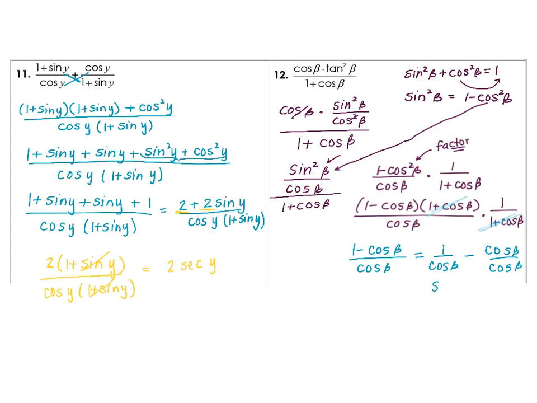And so we're going to have secant beta minus 1. And this one is going to be as far as we can get it. Normally we have a single term, but for this one, that's one of those exceptions.